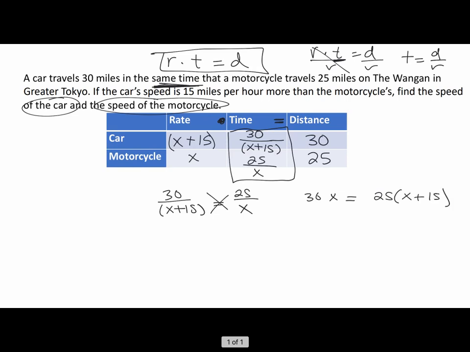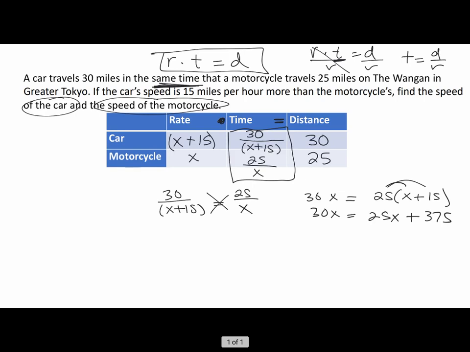The order of the products doesn't matter. Multiplication is commutative. I want to go ahead and use the distributive property to remove parentheses on the right side. 25 times x is 25x, and 25 times 15 is 375. So this is a linear equation now.